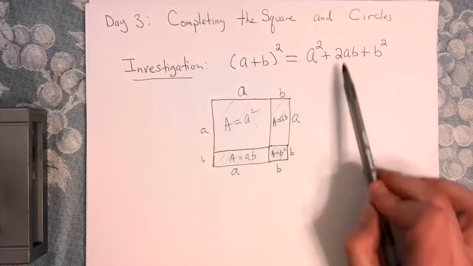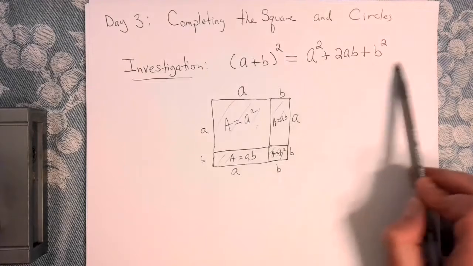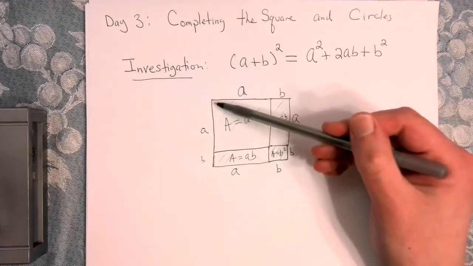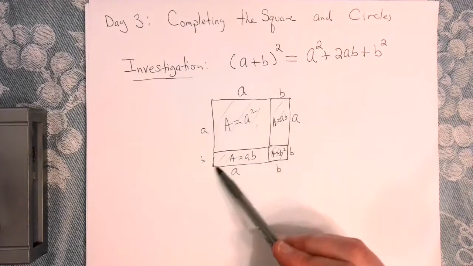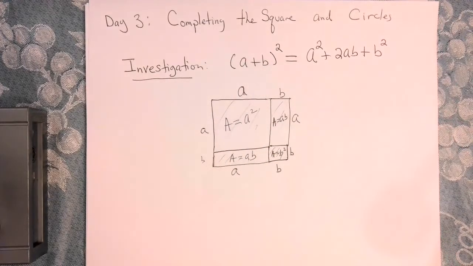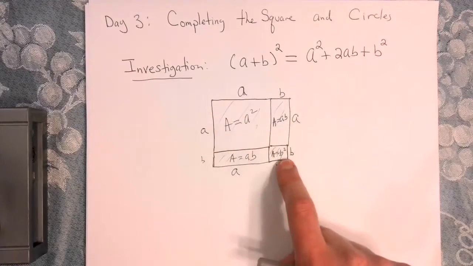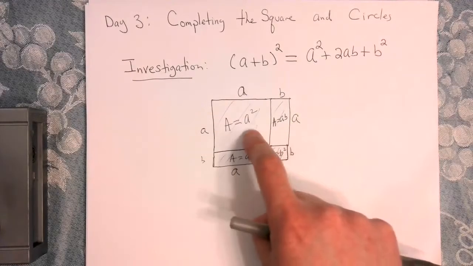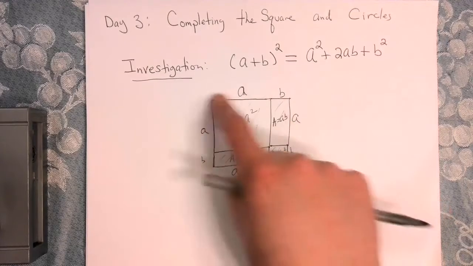So a squared plus 2 of these ab's plus b squared. But then we notice that's the same thing as a plus b times a plus b, right? A plus b times a plus b is exactly this quantity squared. I want you to notice that this is what I'm going to call a complete square. All of the pieces here are accounted for that make up the total complete square.